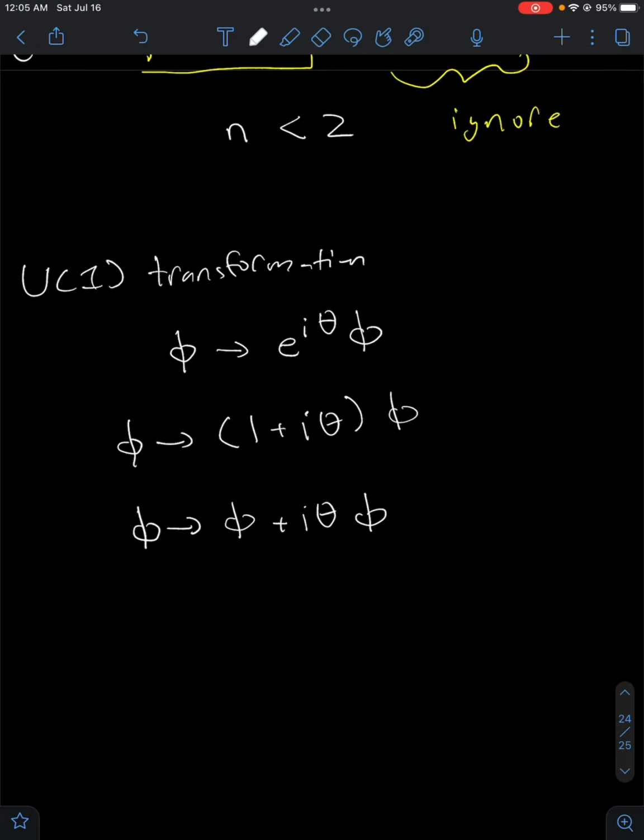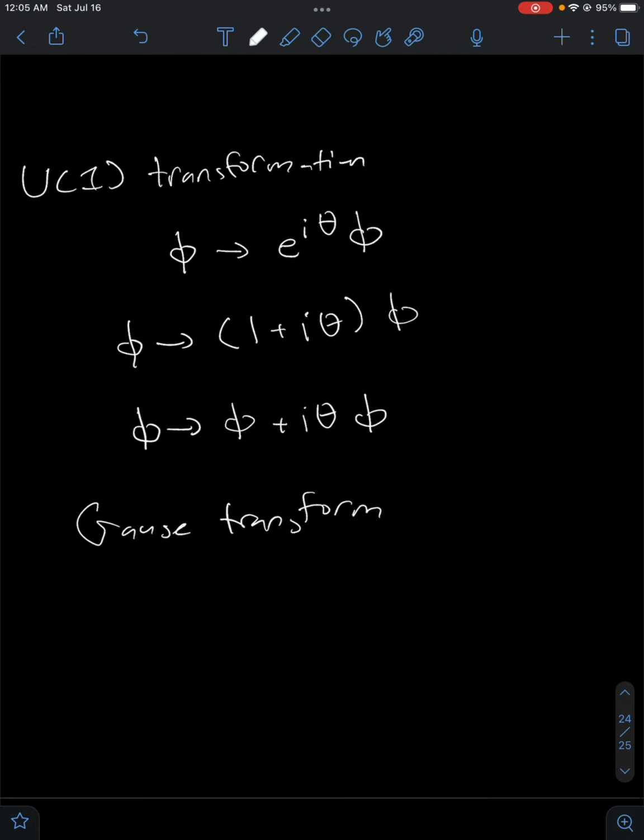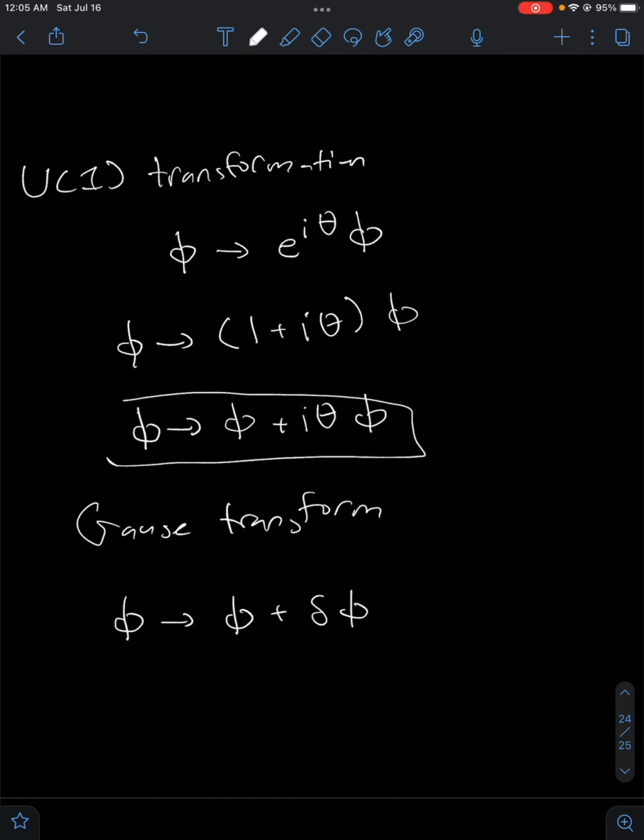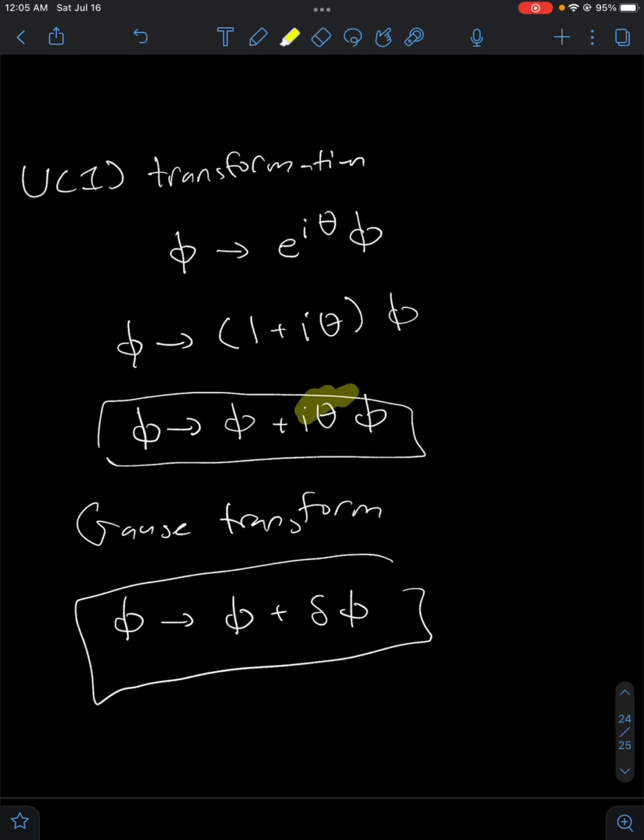Now for a general gauge transformation for our field, recall that it was just phi to phi plus delta phi. And we now have a transformation that looks like phi plus delta phi, where in our case, i theta phi is what would be substituted in for delta phi. So the reason that we expanded e to the i theta in terms of a Taylor series was so that we could get our U1 transformation in the form of phi plus delta phi.